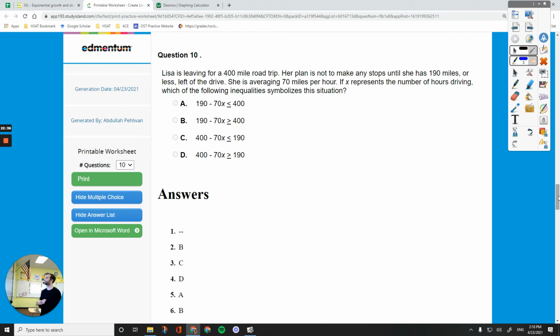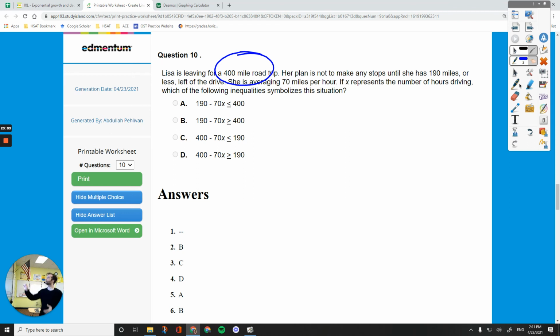Okay, that's confusing. Now, the trip in total is 400 miles, right? And then she's going to continue until there's 190 miles or less left to drive. Okay, I thought they simplified the inequality already, but they didn't.